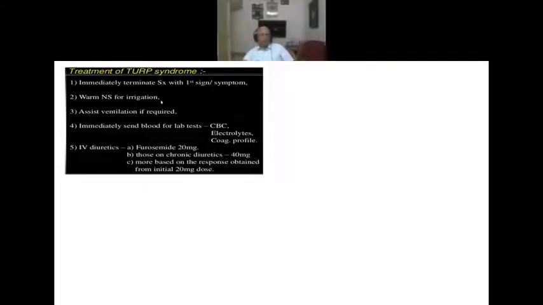Next, ventilation if required, with 100% oxygen. Send blood for electrolytes, especially sodium, and coagulation profile. Start furosemide 20 milligram, or 40 milligram if the patient is already on chronic diuretics, based on the response to the first dose.